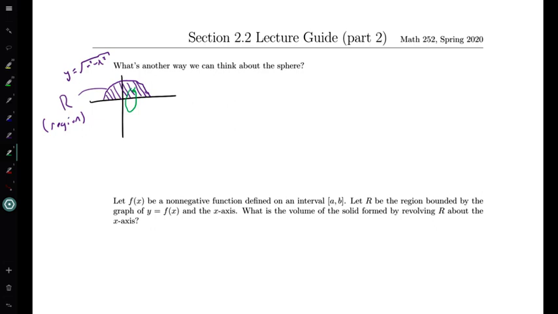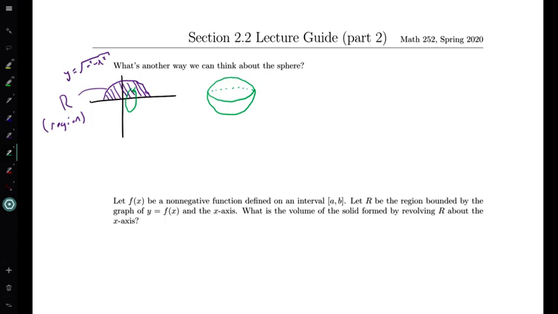If we do that and let each point trace out a path through three-dimensional space, then what we end up with is that all of the points that R passes through form the sphere. So we get the bottom half of the circle because it passes through the bottom half of the plane, but it also comes out of the page towards you and away from you as well.